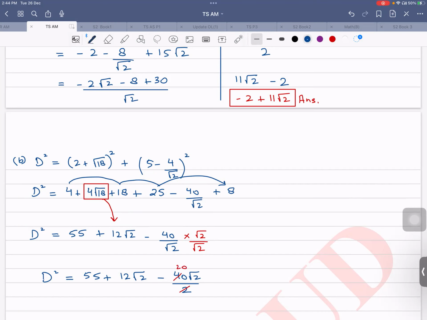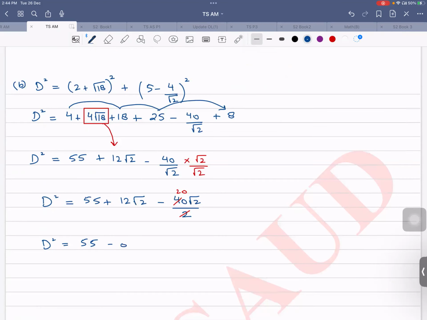D square is equal to 55 plus 12 minus 20 is minus 8 square root 2. So we needed the value of D square and we got it. Done? Yes, done. Okay.